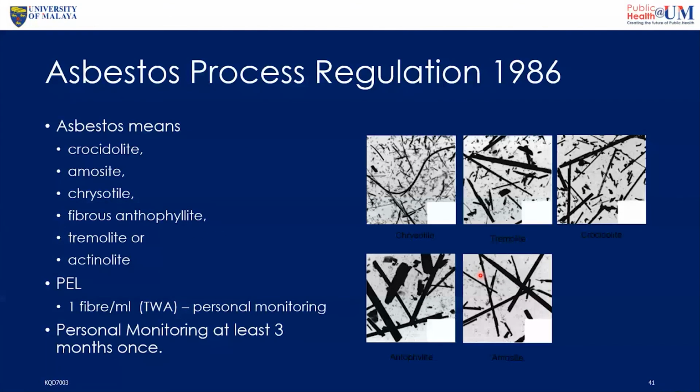So next one, we have asbestos process regulation, 1986. So what's asbestos? Asbestos is 6 types of fibers. It can be crocidolite, amosite, chrysotile, anthophyllite, tremolite, and actinolite. All right. So we're looking at 1 fiber per meter cube, TWA, and personal monitoring at least once every 3 months.